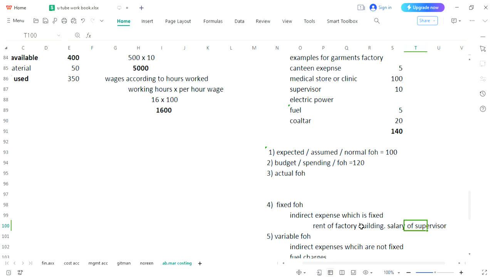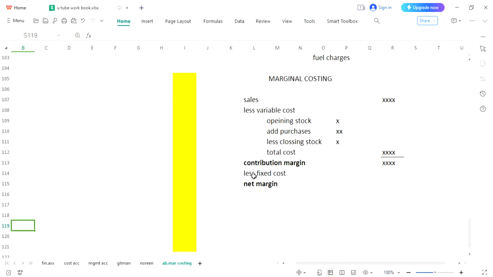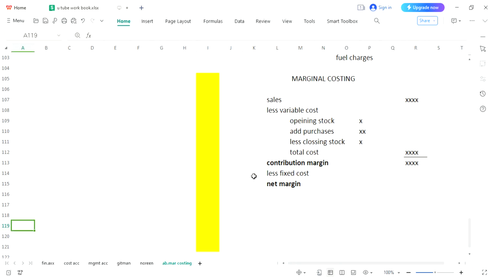So sometimes in a question fixed cost would not be present by name, and you will pick the expenses from the list, and collectively those expenses would be considered fixed cost, and you will write your fixed cost over here, after which you will be able to calculate your net margin. How? This fixed cost would be subtracted from contribution margin.